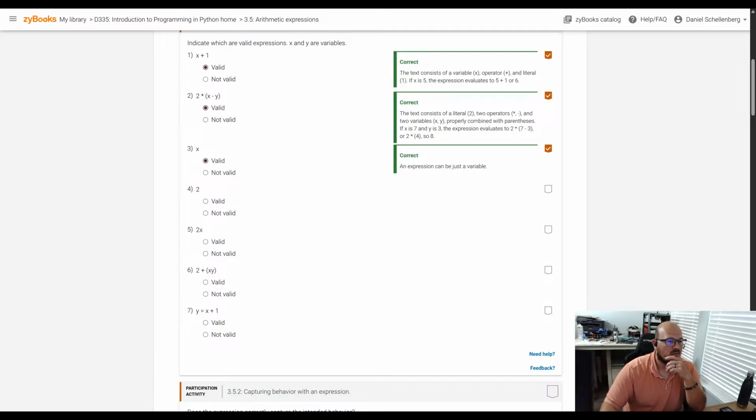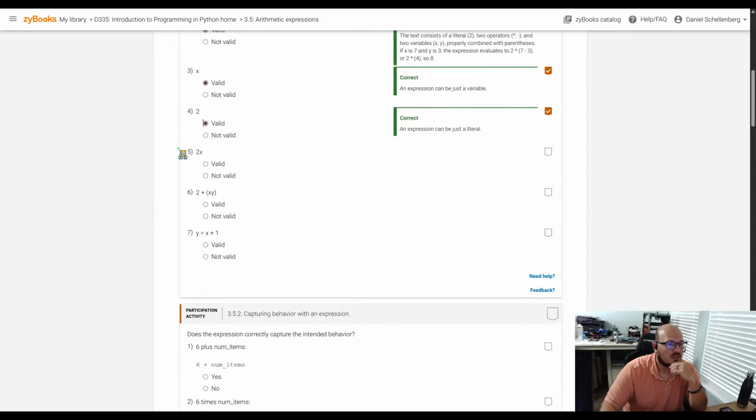Now, this one's interesting, because if an expression can be just a variable alone, can an integer or a numeric number be? I would say yes. If a variable can, why can't a number, right? Why can't an integer? Okay, good. It's referred to as just a literal.